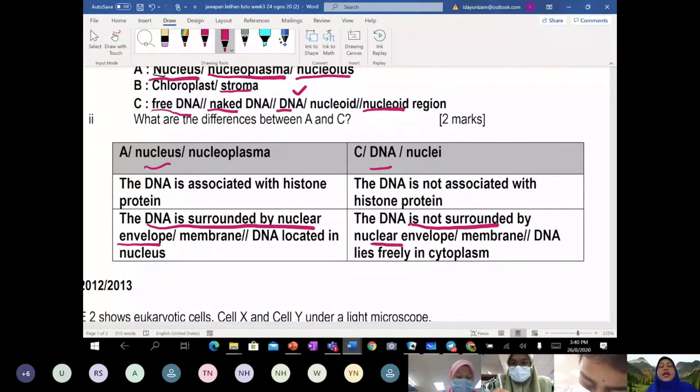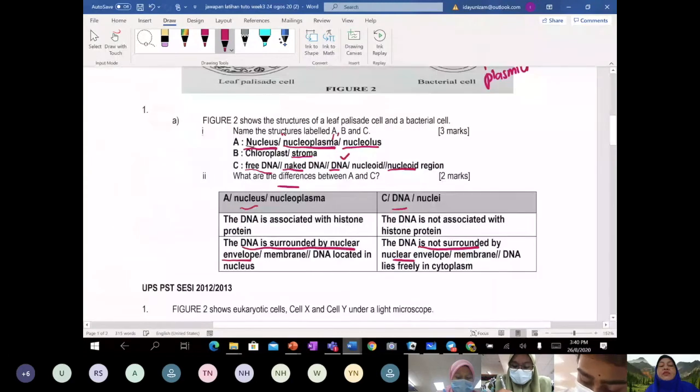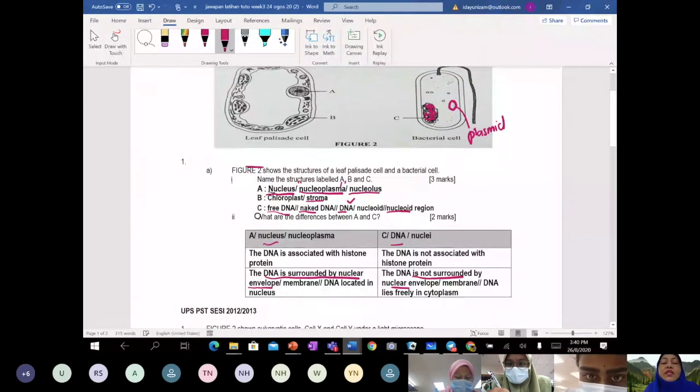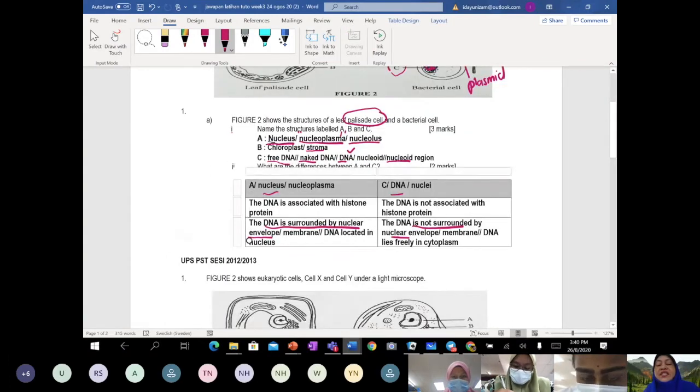And one more thing, where you can find the DNA of this palisade cell, this plant cell, the DNA is inside the nucleus, whereas for prokaryote, the DNA lies freely in cytoplasm.